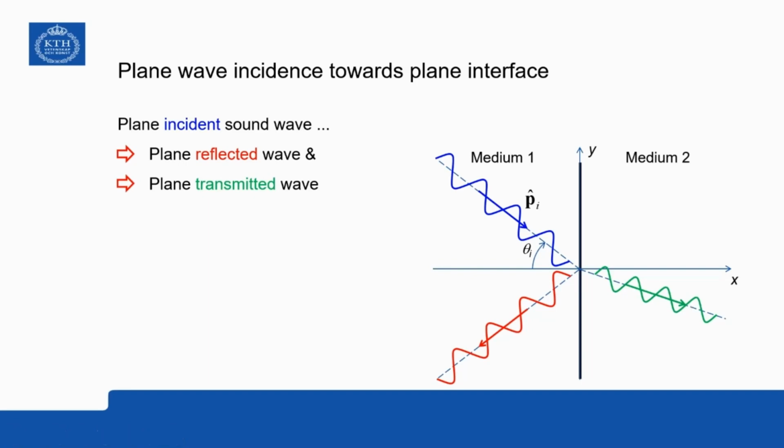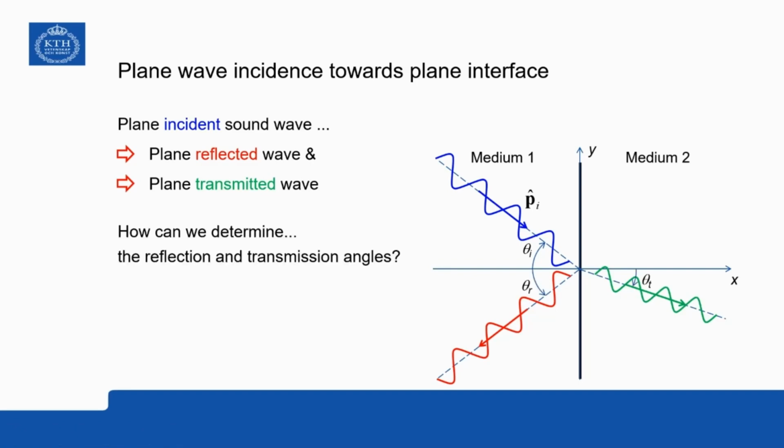So what we are going to do now is to discuss how to determine the propagation angles of the reflected and transmitted waves, and also the amplitudes of the reflected and transmitted waves, if we know from beforehand the angle of incidence, theta I, and the incident wave's amplitude, and also the density and sound speed in both media, medium 1 and medium 2.